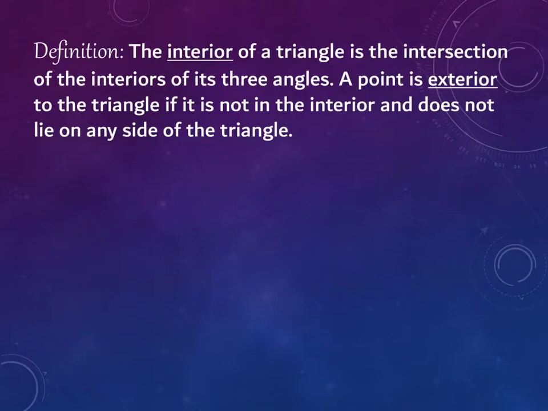All right. We're going to move a little bit further along and talk about triangles next, so the interior of a triangle and the exterior as well. The interior of a triangle is the intersection of the interiors of the three angles. And a point is exterior to the triangle if it is not in the interior and does not lie on the sides of the triangle.